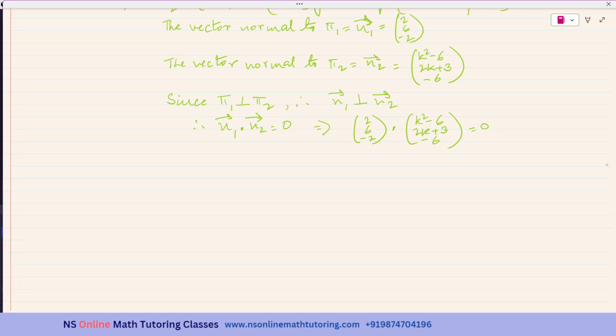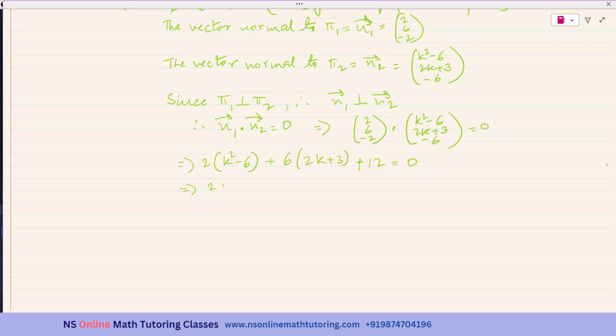And I have to expand. So, 2 times k square minus 6 plus 6 times 2k plus 3. We will be getting the value of k from this equation. And plus negative 2 times negative 6 is plus 12 equal to 0.